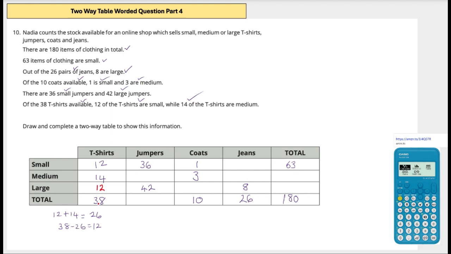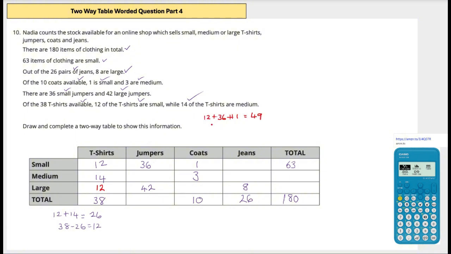So what else have we got? Okay, we've got this up here. So we've got 12 plus 36 plus 1 plus 1 equals 36 plus 12, 30, 40, 48 plus 1 is 49.